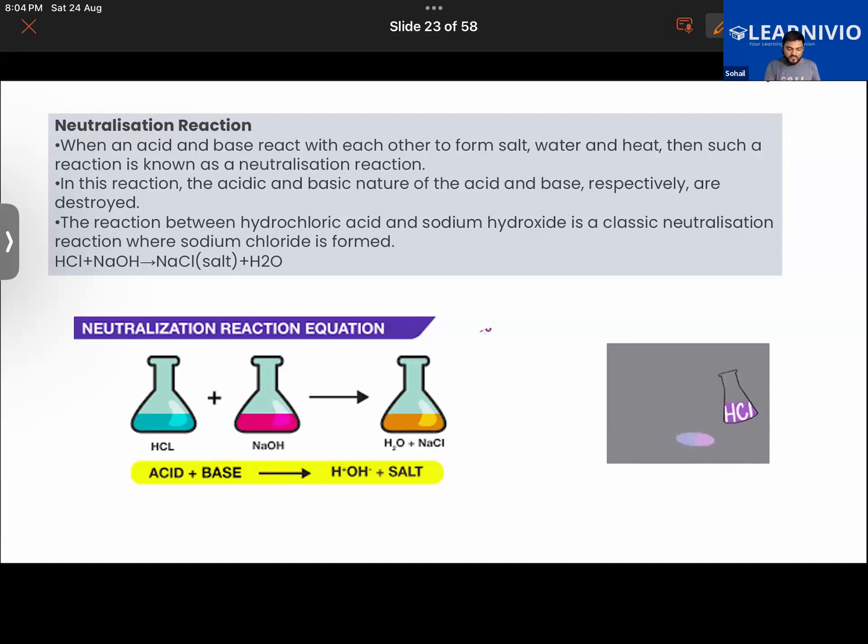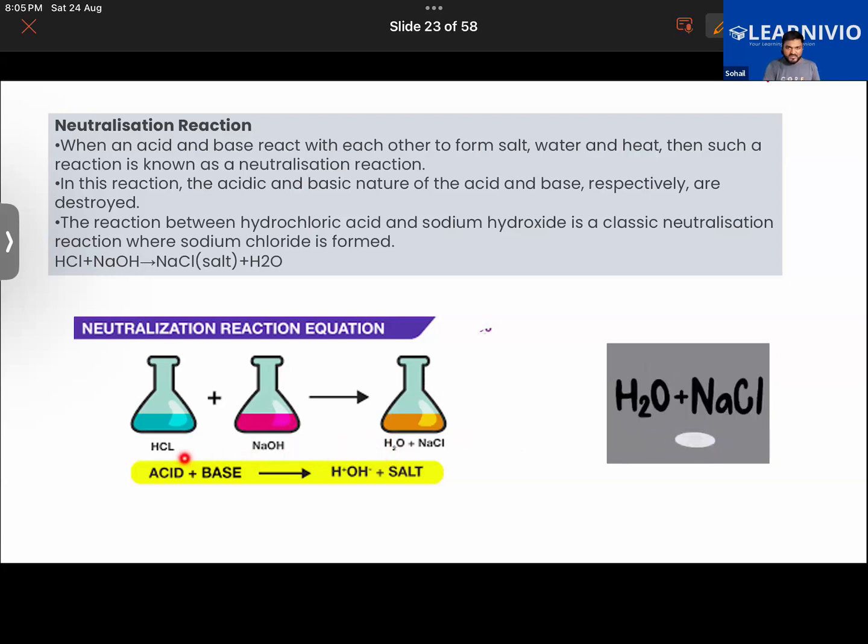So here we have taken a base, that is sodium hydroxide, and an acid, that is hydrochloric acid. Both of them are going to react, and the end products would be water and salt.